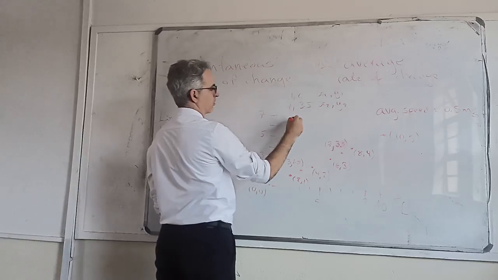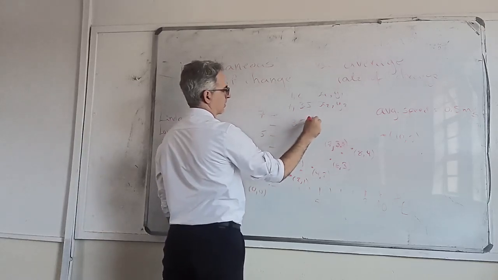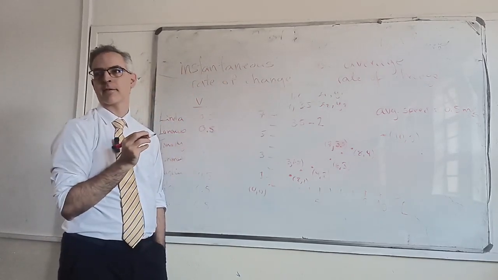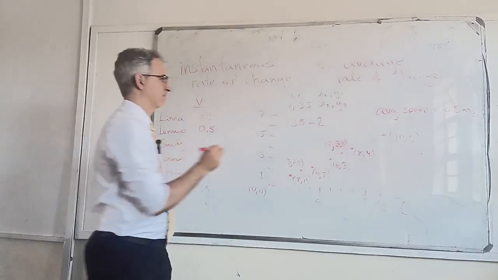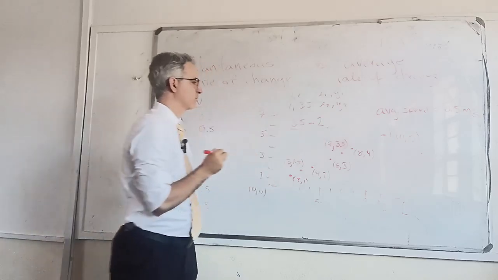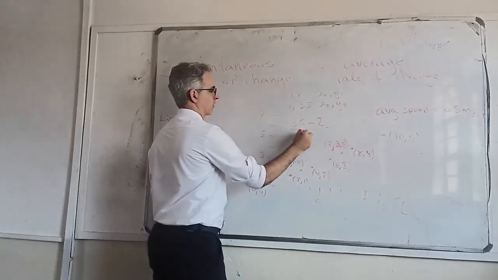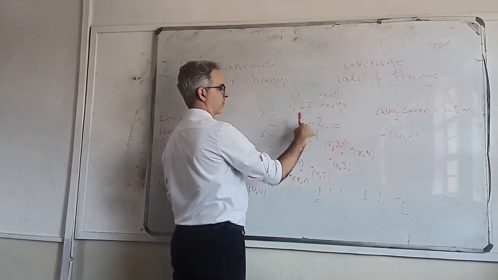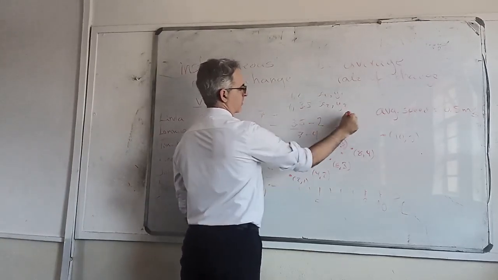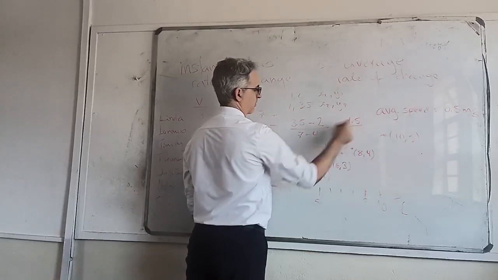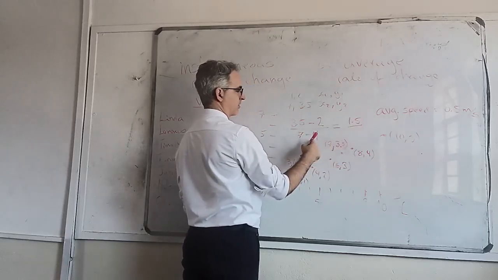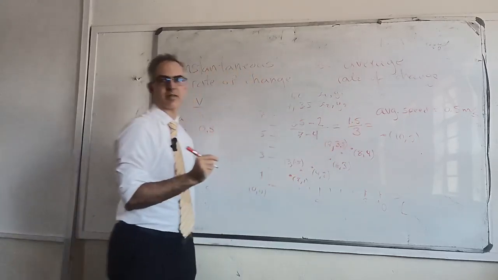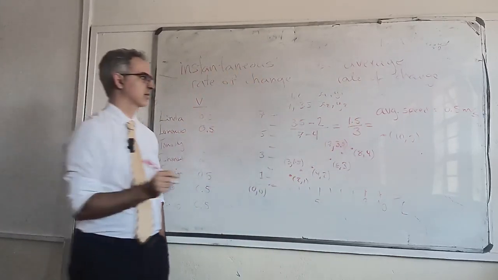Okay, so 3.5 minus 2, divided by 7 minus 4. So what is this? 3.5 minus 2 is 1.5, divided by 7 minus 4, which is 3. So what is 1.5 divided by 3? 0.5.